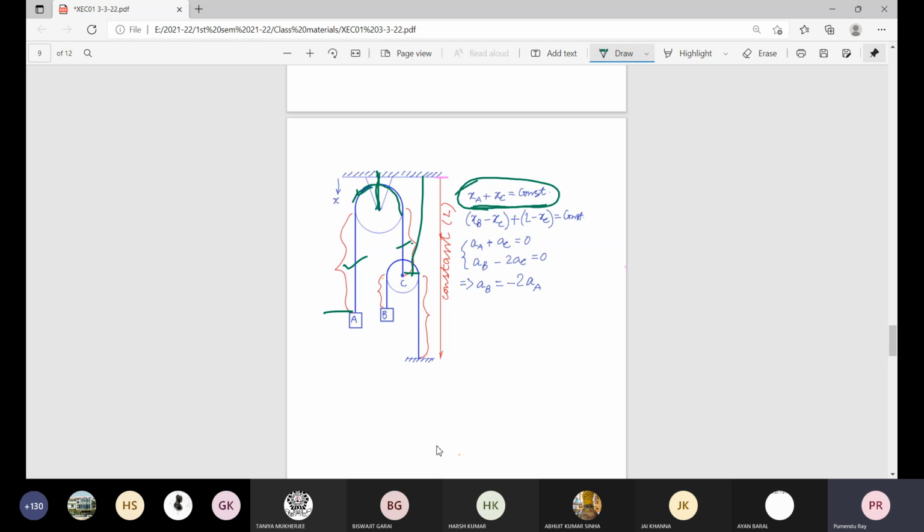Then you make the first derivative, the relation between the velocities. Then you make the second derivative, the relation between the accelerations. But the primary relation that you should start from must be at least this.